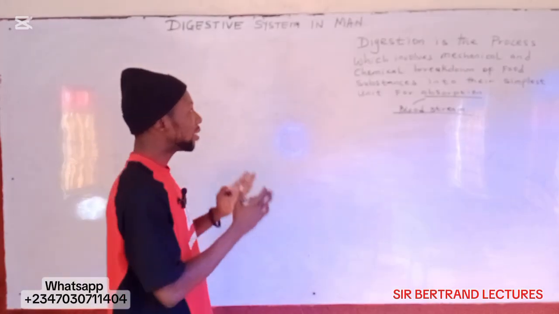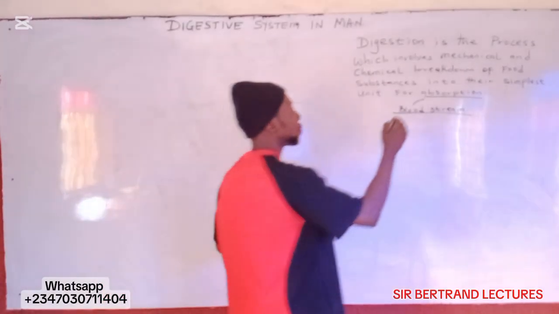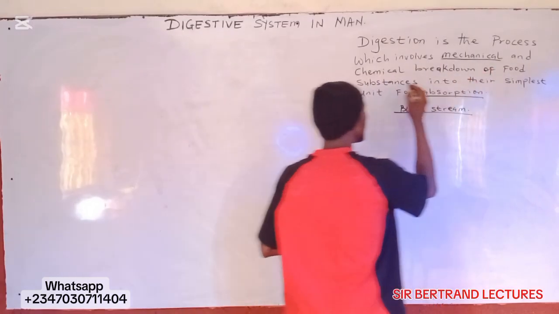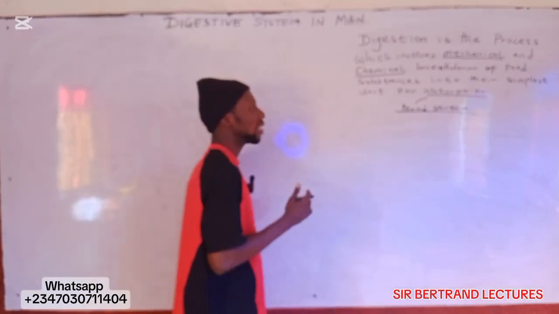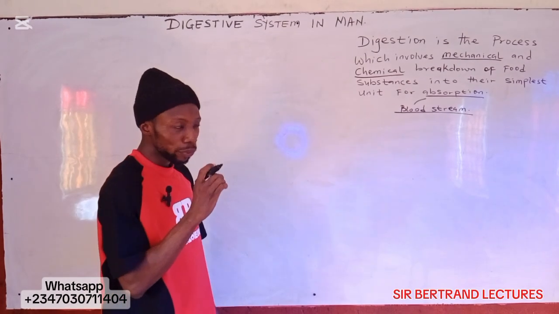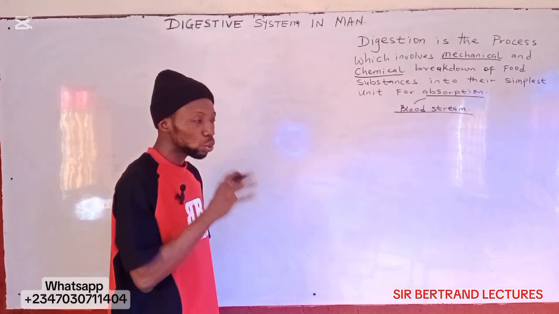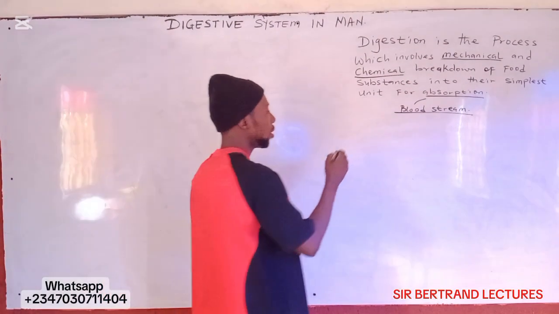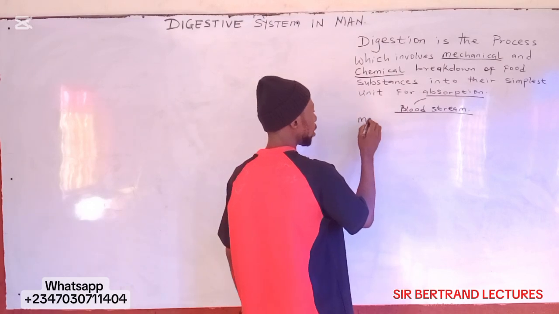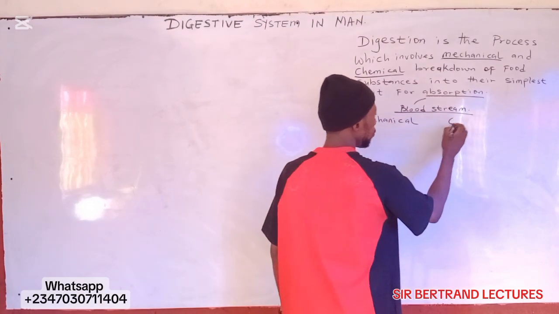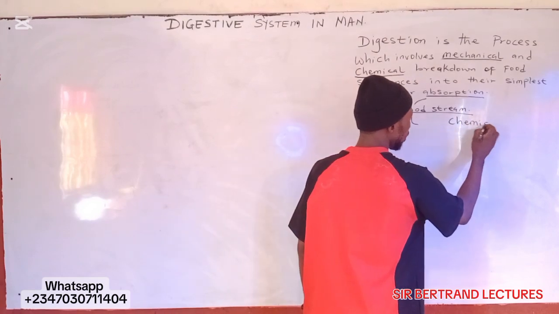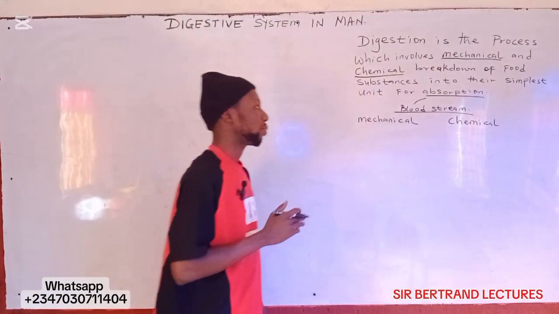I said that this process involves mechanical and chemical breakdown of food. That is to say, the food is broken down in different phases. The first one is mechanical, followed by chemical digestion.